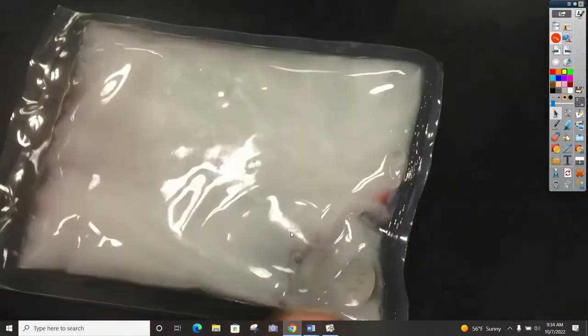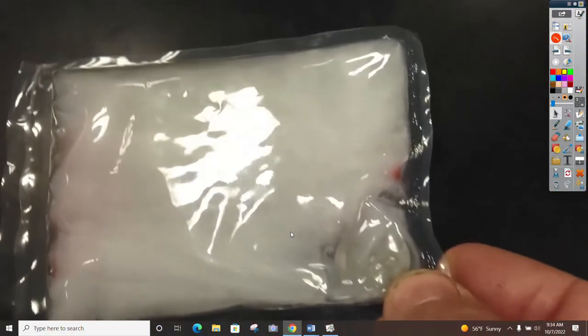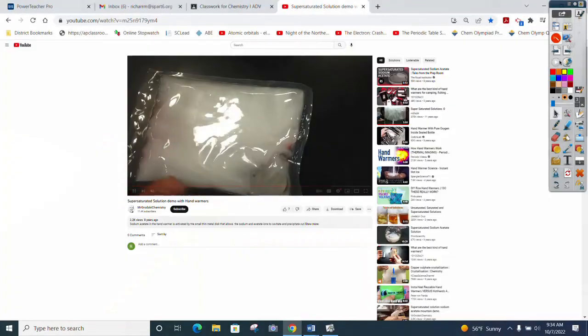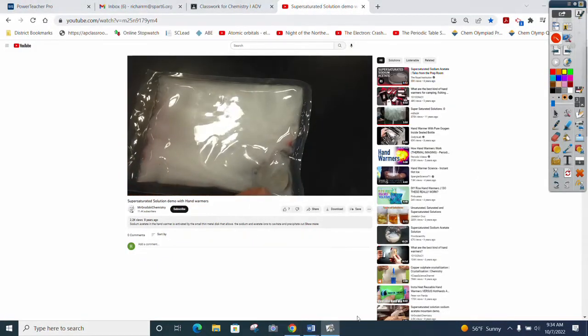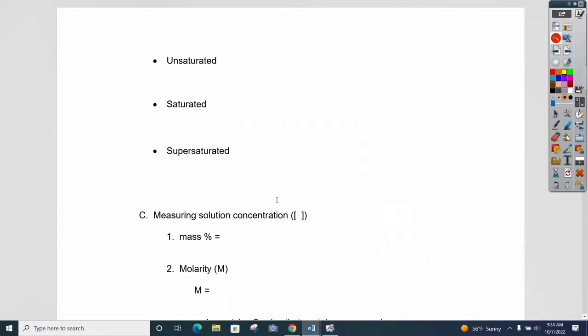So for your supersaturated solutions, I'm going to go back to your notes. In addition to your definition, you also need to know, add to your notes, if you disturb the solution in any way, the entire solution crystallizes.